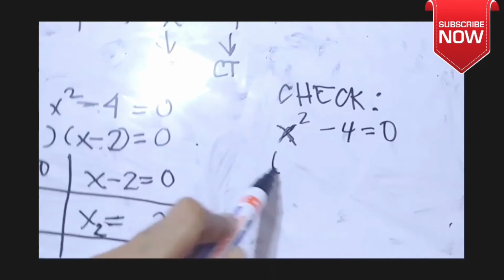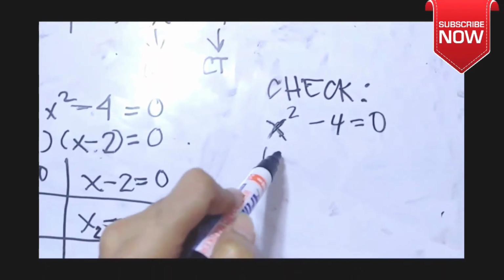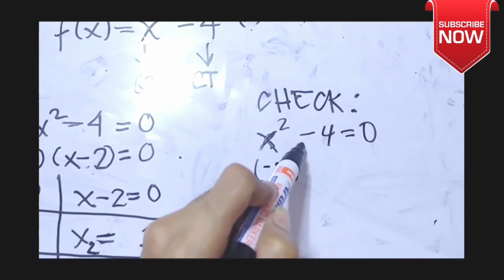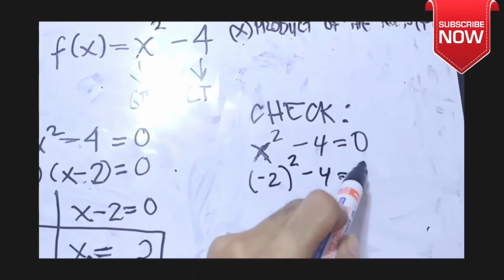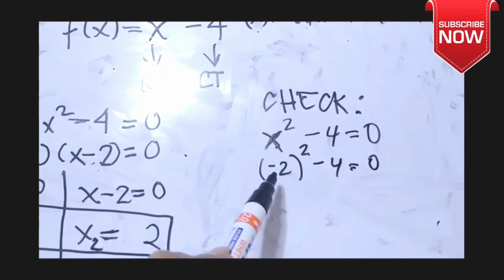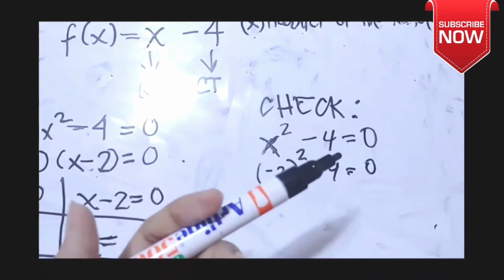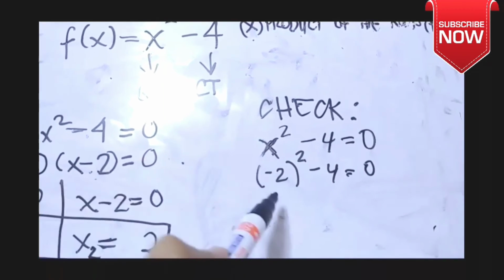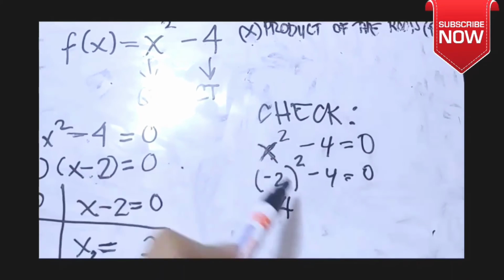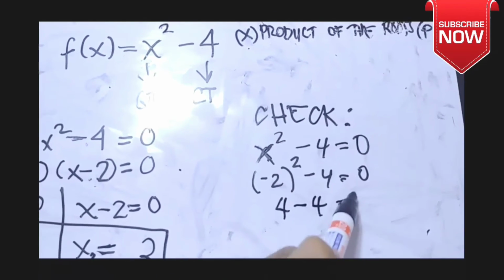Alright, so negative 2 squared minus 4 is equal to 0. Ang negative 2 ba pag minultiply mo by itself, anong sagot? That's 4. Minus 4 is equal to 0, therefore check.